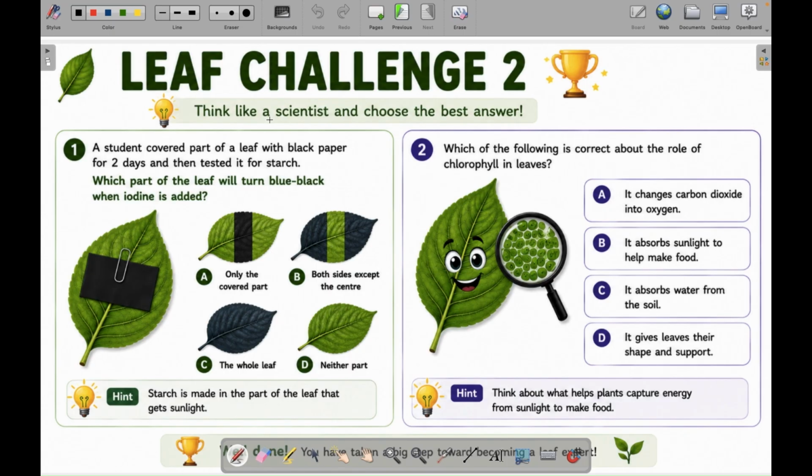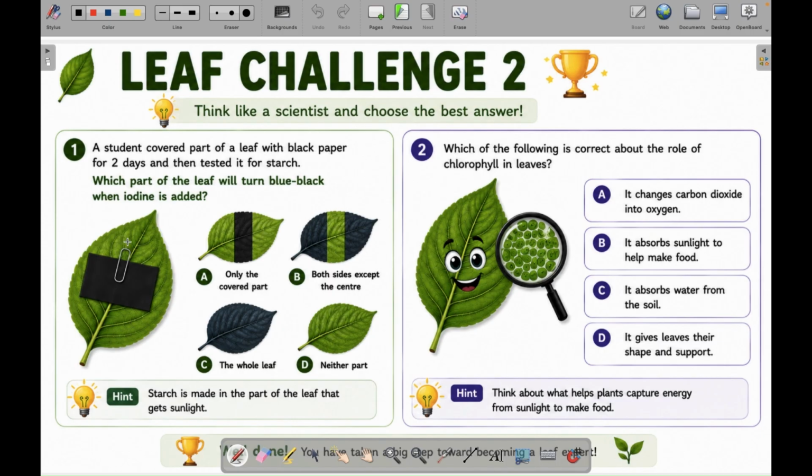A student covered part of a leaf with black paper for 2 days and then tested it for starch. Which part of the leaf will turn blue-black when iodine is added? Right, so this part of the leaf is covered with black paper. So this is the middle part. It is covered with black paper.